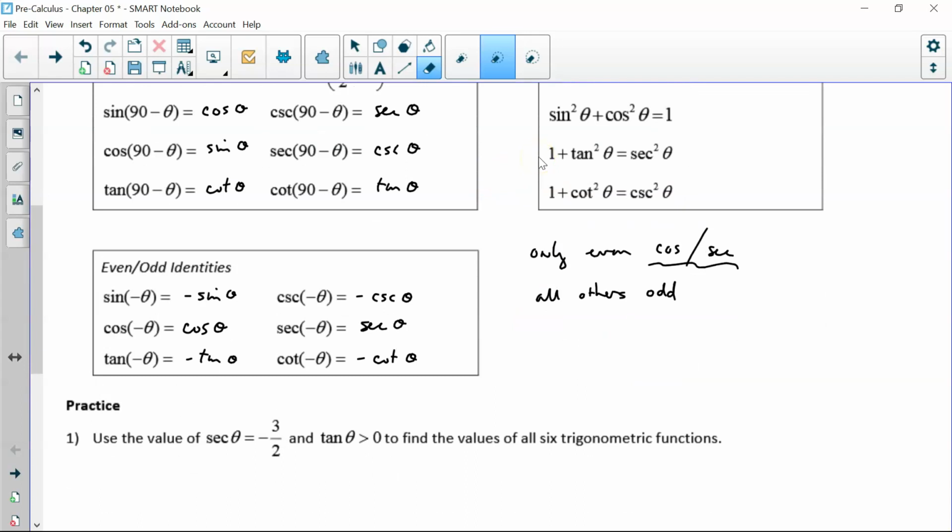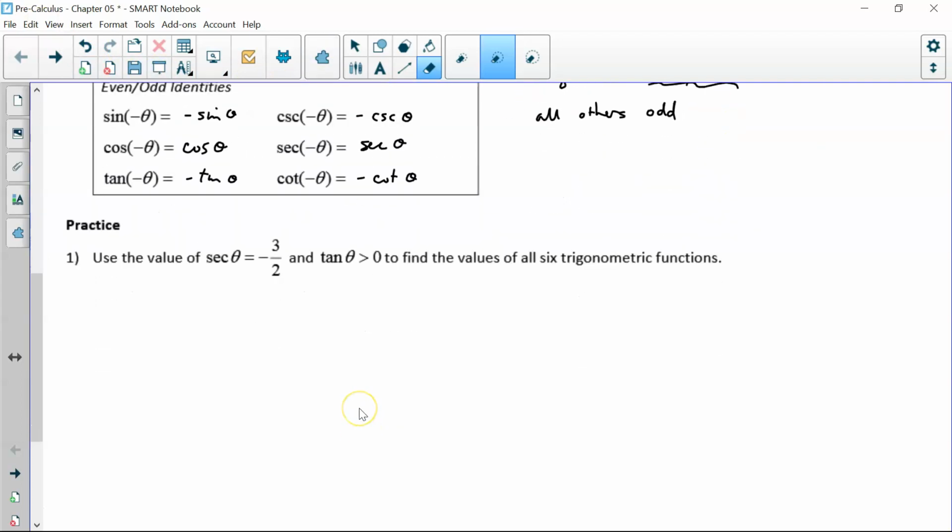So looking at problem number 1, use the value that the secant of theta is -3/2 and the tangent of theta is greater than 0. So now, it's easier for me to reference cosine. Cosine, the reciprocal, is going to be -2/3.